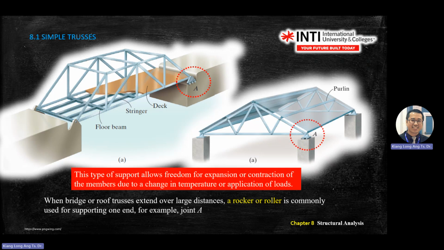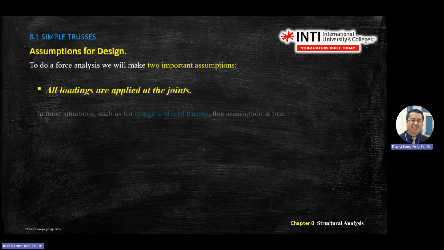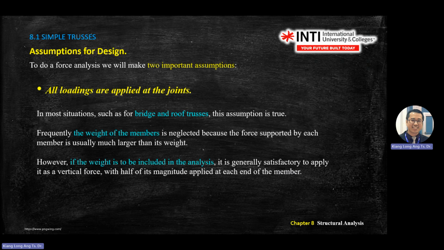Again, now we want to learn whether the member, this section or this section, is in expansion, meaning in tension, or contraction, compression. These are the assumptions that we have. First assumption in design: when we want to do force analysis, we assume something.